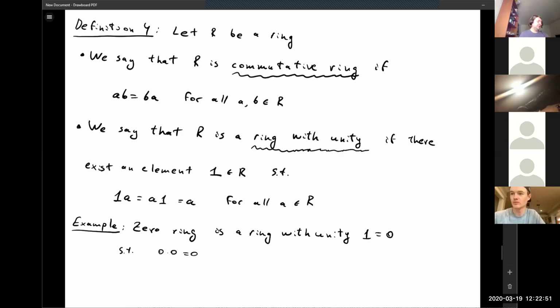But here's an important thing. Now, in the literature, there exists a discrepancy in the definition of a ring.